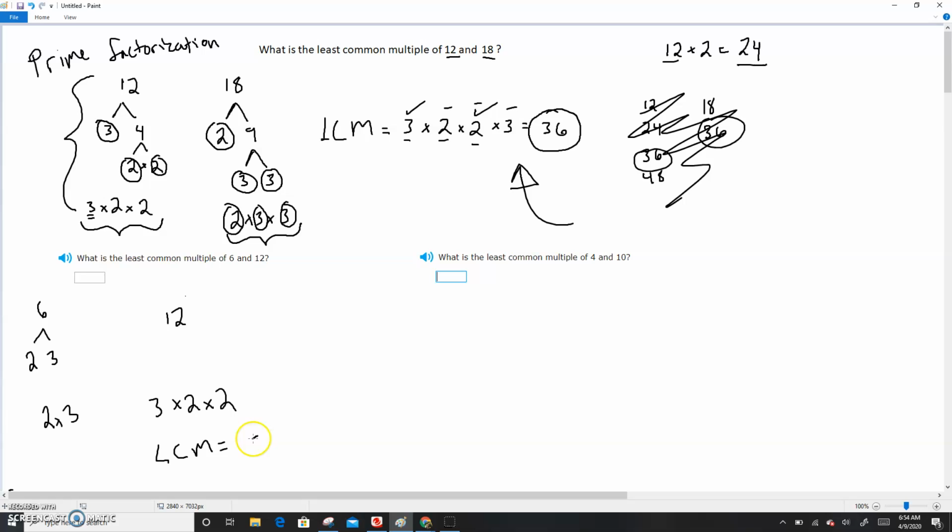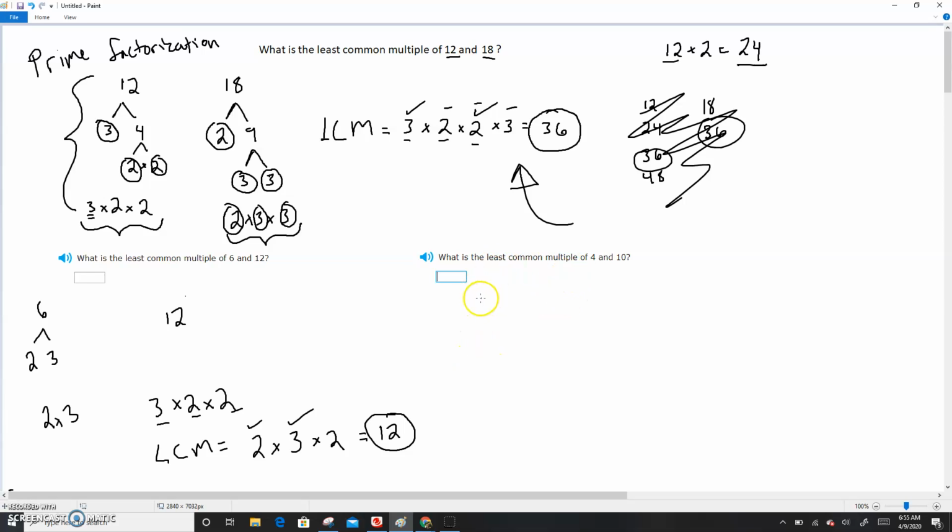So let's start by writing out 6. 2 times 3. Well, 12, we need 1 3, which we've got, and we need 2 2's. We've got 1 2, but we're missing 1, so we need to add another 2. 2 times 3 is 6. 6 times 2 is 12. So the least common multiple of 6 and 12 is 12.